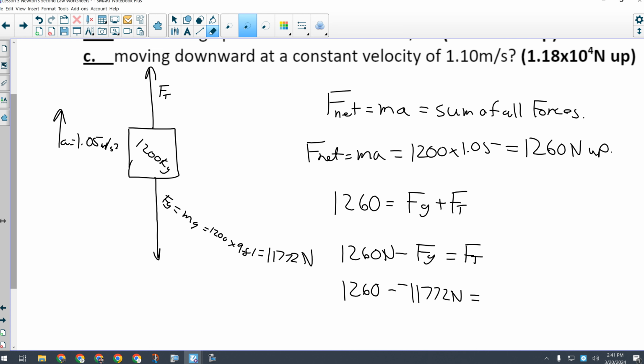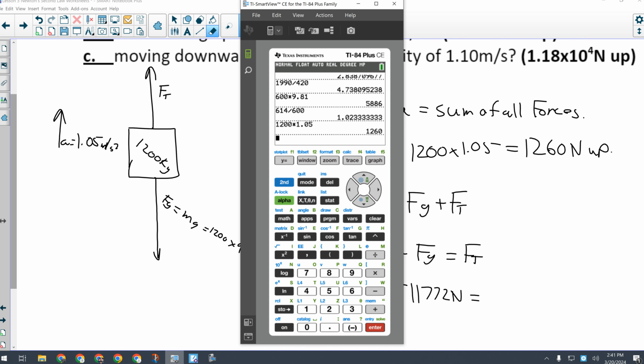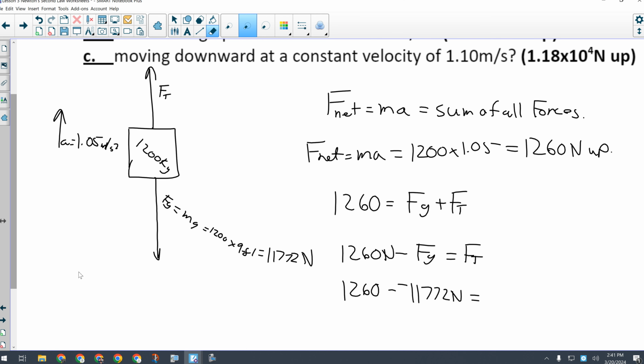That force is down. So when I do that, I get 1.30 times 10 to the 4 newtons. Which kind of makes sense. That force has to be greater than gravity, otherwise the elevator's not going upwards.